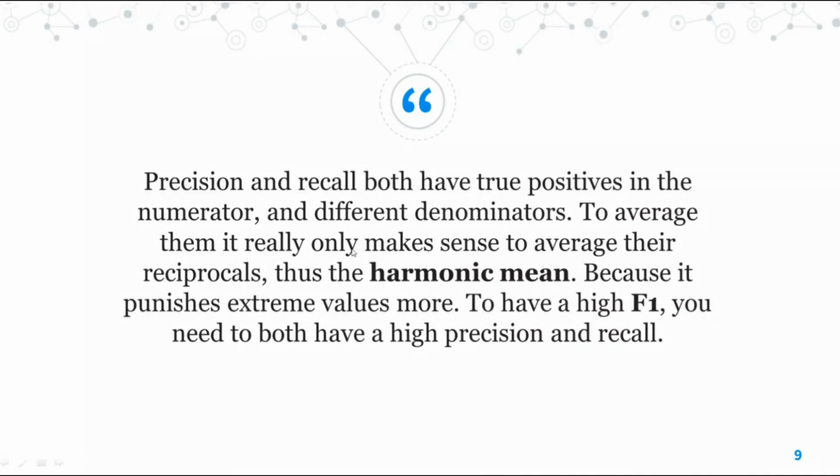To average them, it really only makes sense to average their reciprocals, thus the harmonic mean. It punishes the extreme values more. To have a high F1, you need to have both high precision and high recall. Low precision and recall will lead to a low F1 score, and high precision and recall will lead to a high F1 score.